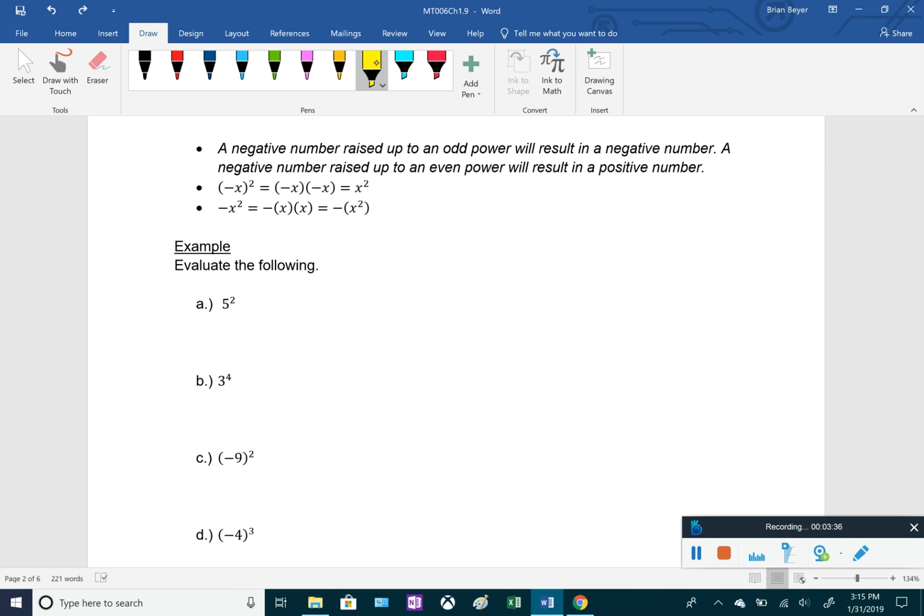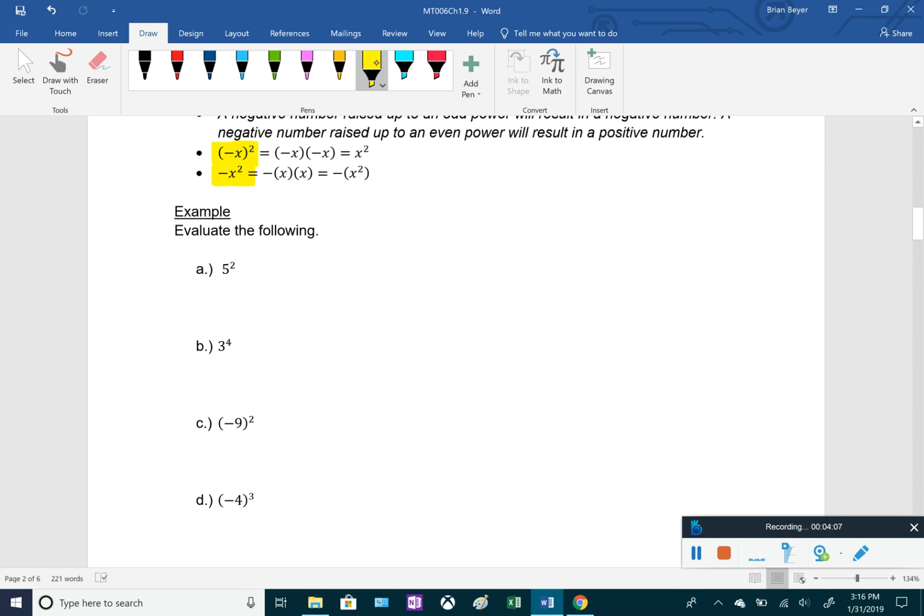If we have negative x squared, where the negative x is in parentheses, that's equal to negative x times negative x. Negatives cancel, and that's equal to positive x squared. Notice that that is different from the one below it. Negative and then x squared with no parentheses is going to be negative and then x times x, which is negative and then the x squared. So it's different, parentheses 100% matter.